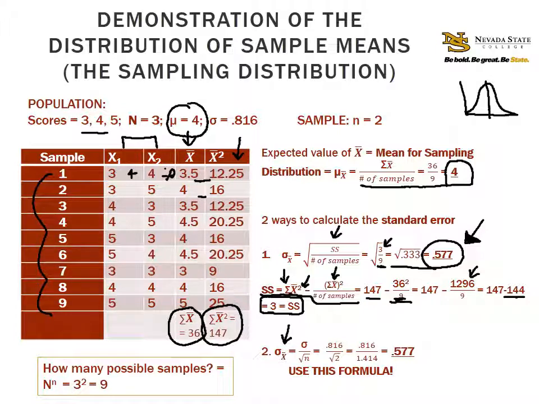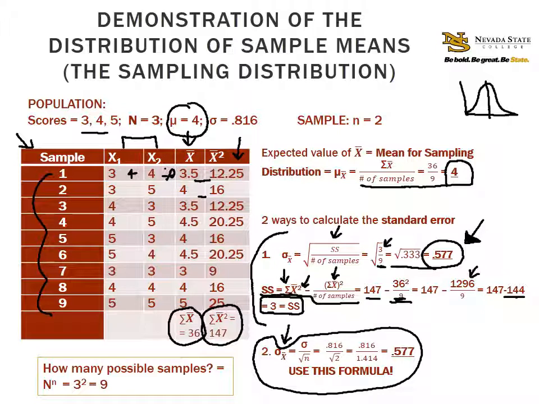Now, luckily, this formula, number 1, would require us to do this process here, to take every single possible sample of a specific sample size from a population and then calculate all the means and work with those scores. Thank you, statistical gods. We have this formula, which is the standard deviation for the population divided by the square root of the sample size, not the number of samples, but the sample size.